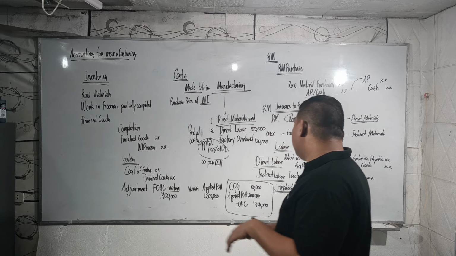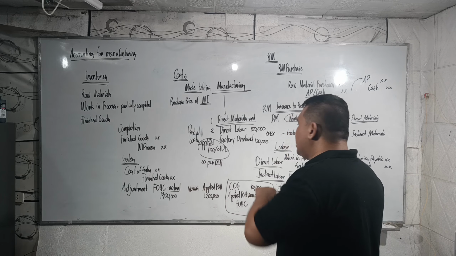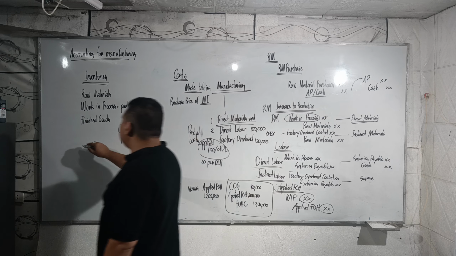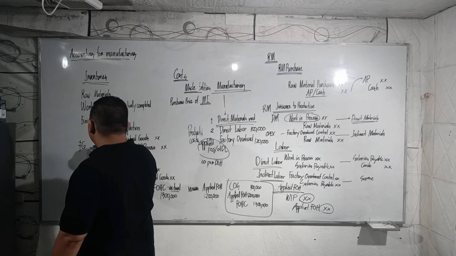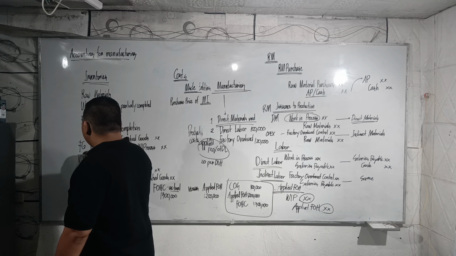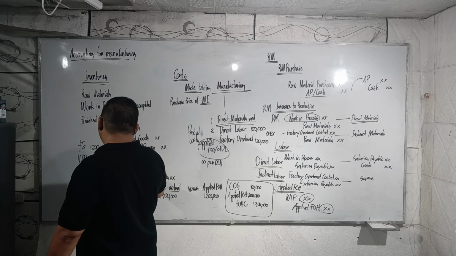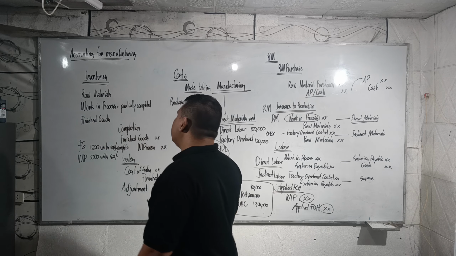Okay? So, for example, it's been very clear in the problem that your finished goods is actually 1,000 units, something like that, 100% complete, of course. You have work in process, which is 2,000 units, but it is 80% complete already.